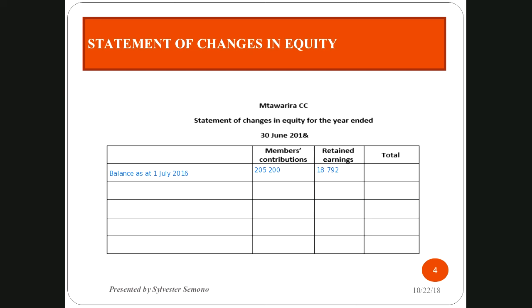Now, the next thing that we need to put is the net profit for the year. According to our book, they call it total comprehensive income for the year. So this is the same as the net profit for the year or net profit after tax. If we go back to the information there, we have been given the net profit for the year, meaning that the minute they say net profit for the year, it is the net profit after tax.